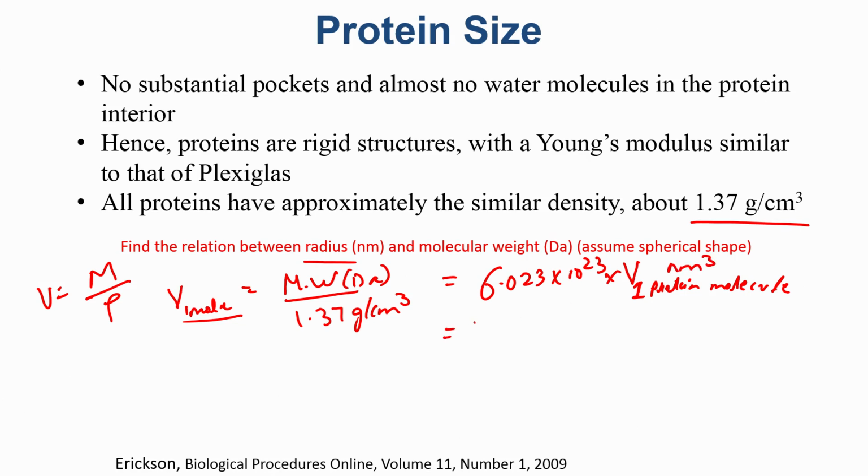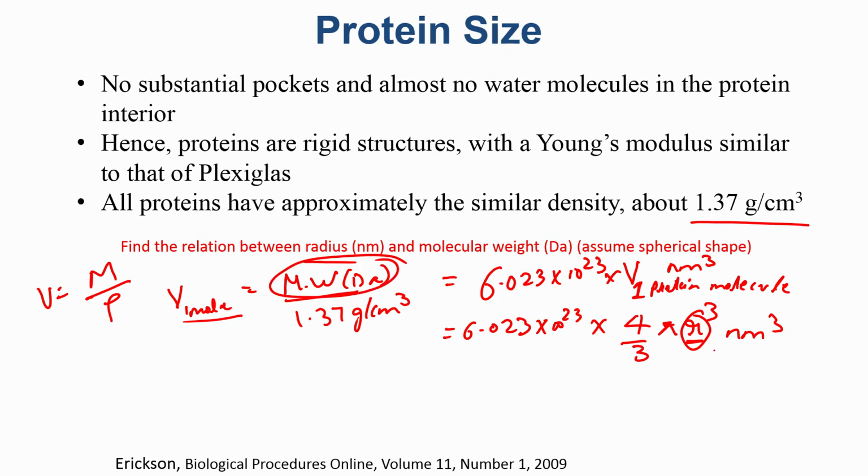and so this further becomes equal to 6.023 into 10 to the power 23 multiplied by the volume of each particle, which is 4 by 3 pi r cube, where r is the radius in nanometer. So now you have a relation between r and the molecular weight; everything else is constant.